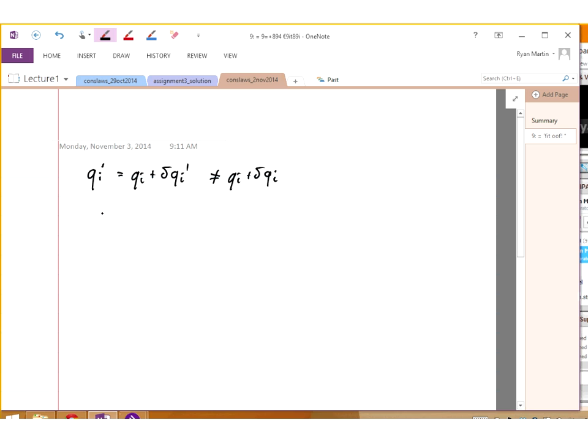And the reason is that we're not only varying the Qi, we're also varying time. Right? And Qi prime in principle is a function of the Qi, the Qi dots, and time.